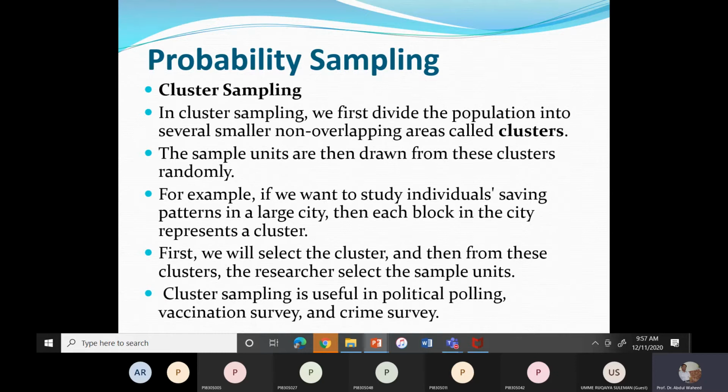Then we select some districts, and from those districts we get the sample units. Further, maybe we can divide into UCs, union councils, and then select union councils and get the data. So each union council would be a cluster.